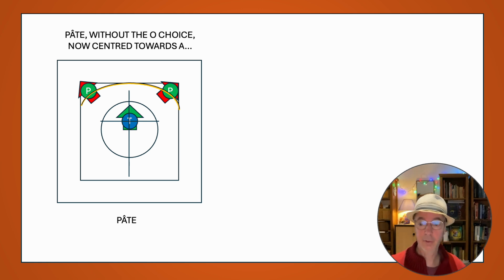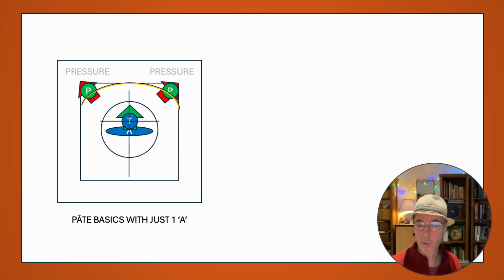The H, you see, breeds space, it breeds development. That's also a letter underneath. I'm not going to explain it here. I just leave PATE. It's not with one A, like here, then it would look like this with some pressure from a center point of vision, and that's it.